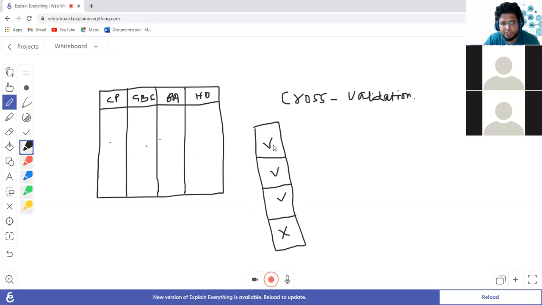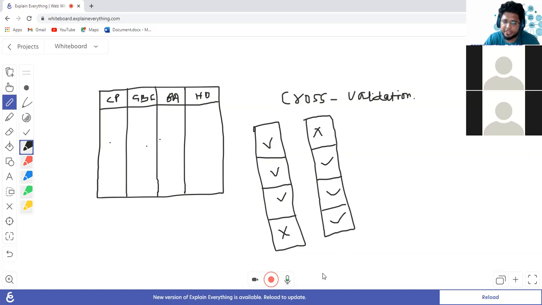Why didn't you choose this part as testing the data? That's a valid question. And maybe there is some benefit in using this part as the testing data. So we can have one more combination. Then we can have this one as testing data and this part and this part as training data.